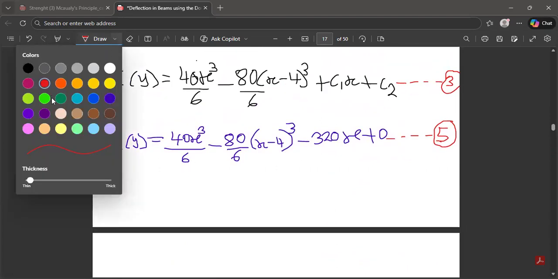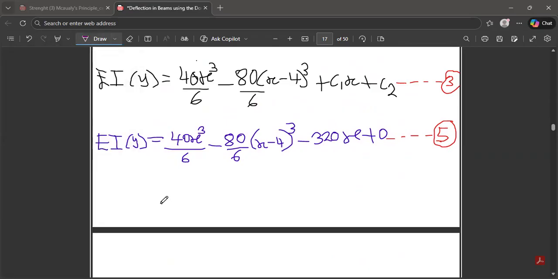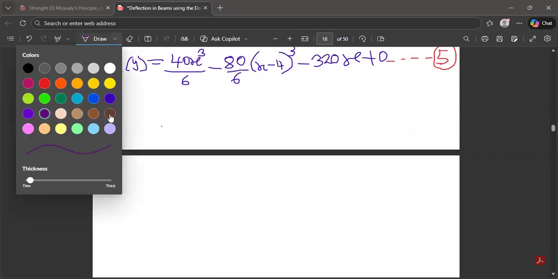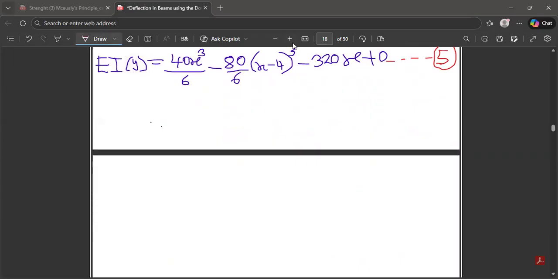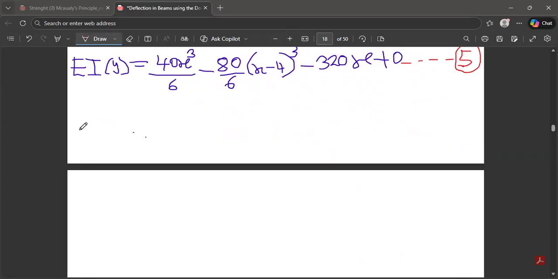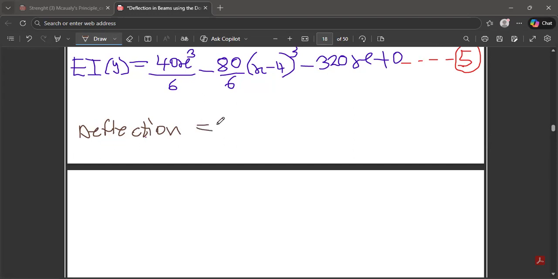So let me outline them. At the end of the day, to calculate for our deflection, we have to use the formula of equation 5.